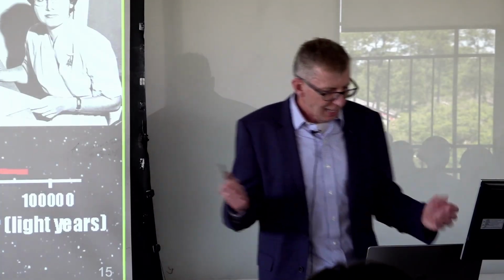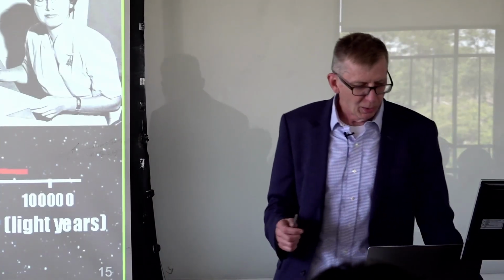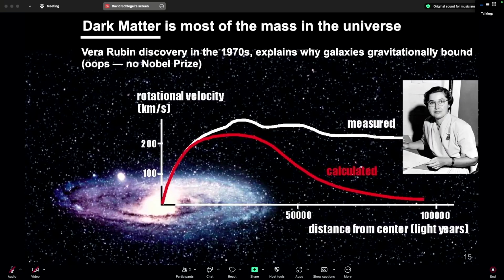Okay, and what do we know so far? Well, we know most of the mass in the universe is not baryonic mass, but dark matter particles. First discovered by Vera Rubin in the 1970s, and others, looking at galaxies.